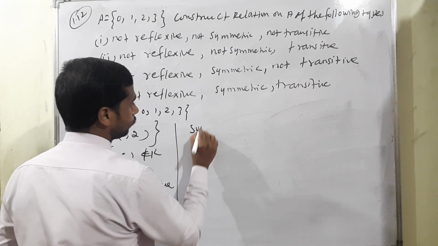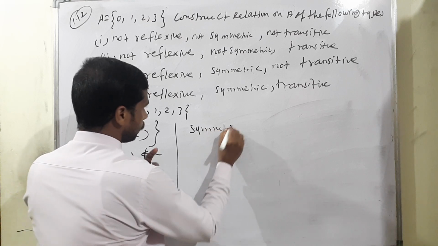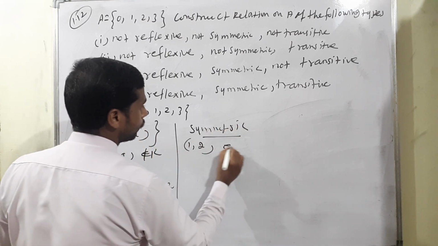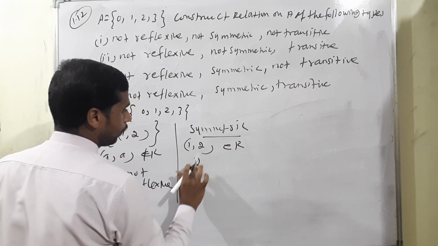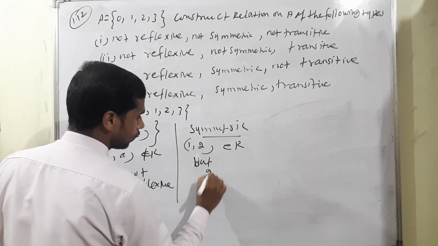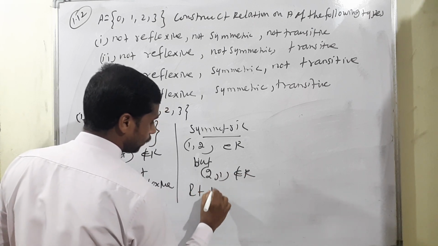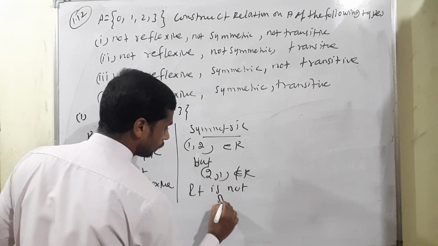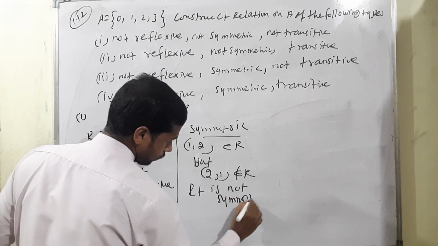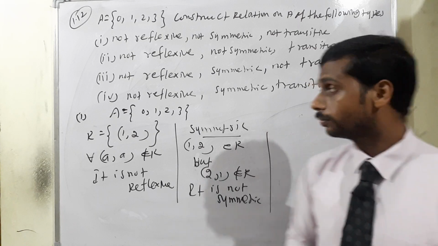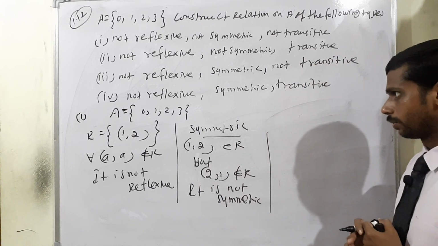So 1 comma 2 belongs to R, but 2 comma 1 does not belong to R. It is not symmetric. Third one, transitive.